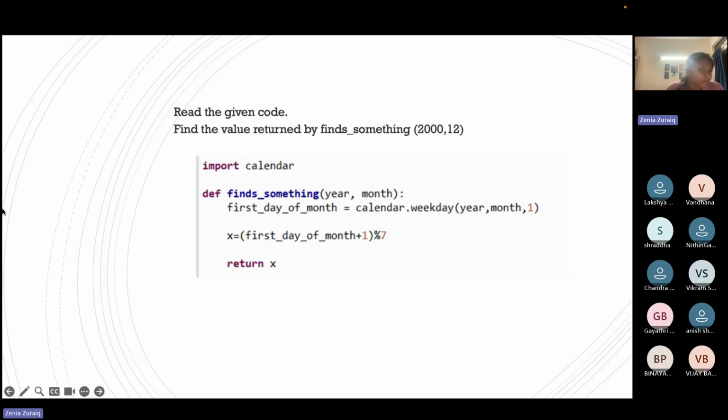Again, one more question of the same type. Here you have to find out what is the value returned by finds something. Again, this function finds something. Please find what this function does.